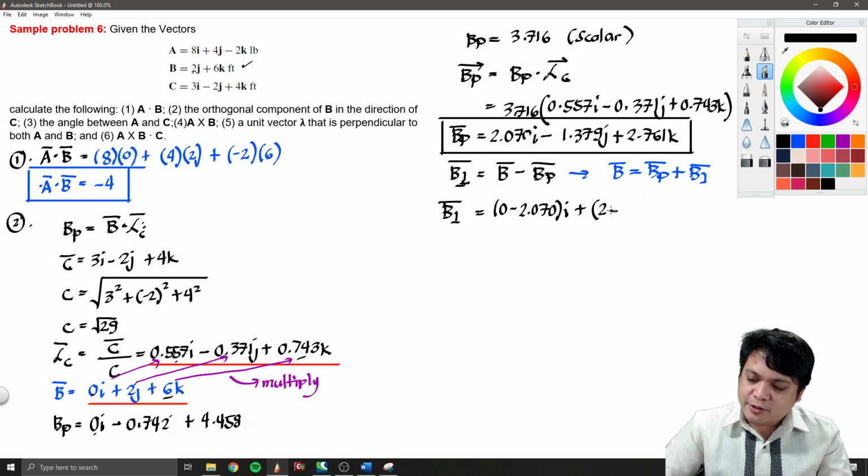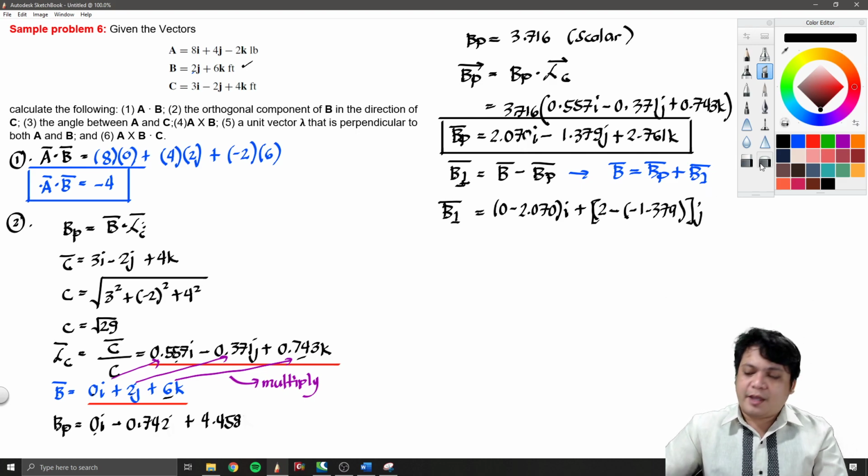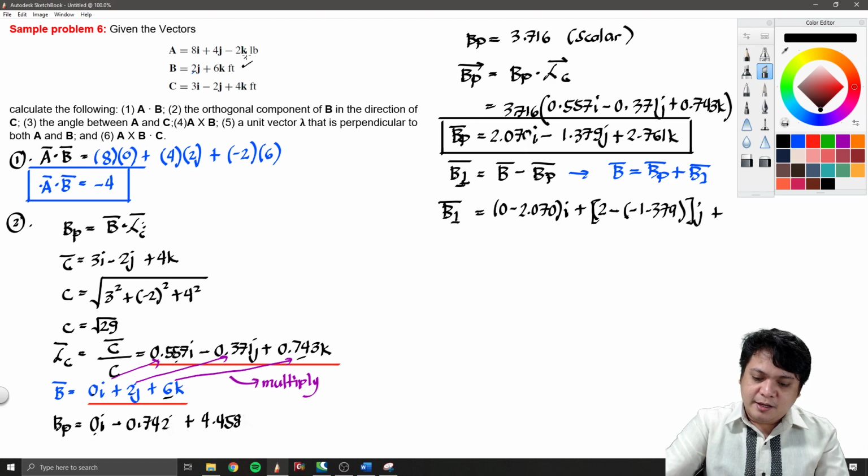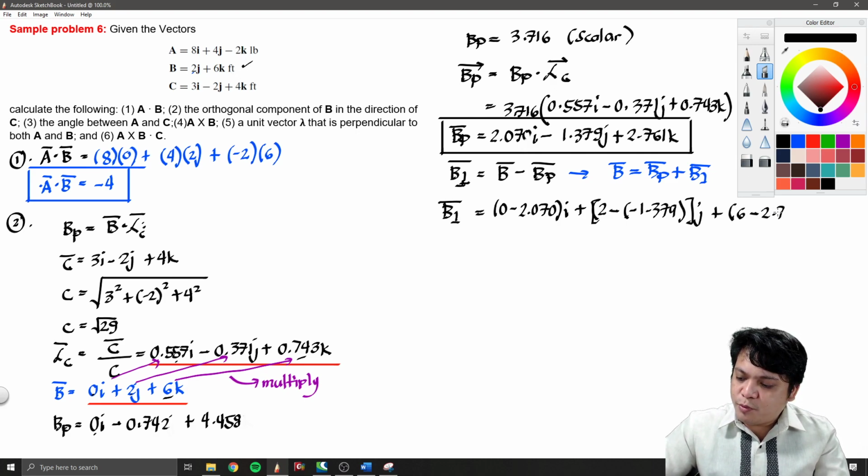Baka malito kayo. So, minus negative 1.379. And this is J. And then plus, we will be having here the B. So, 6 and then minus 2.761, and this is on the K.